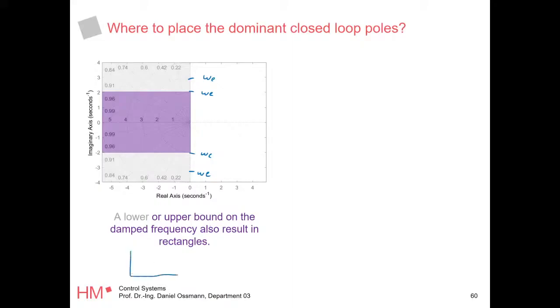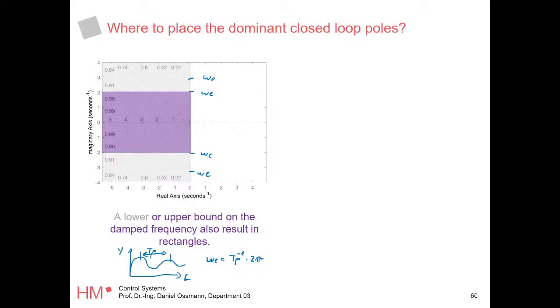Remember when we talked about the PT2 system, this damped frequency basically resulted from the period of your time response, and this omega d was nothing but T_p to the -1 times 2 pi, right? To be fair, it's not often done.